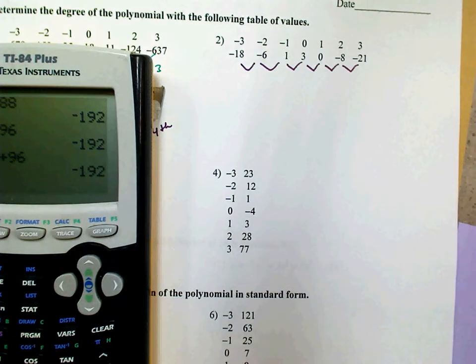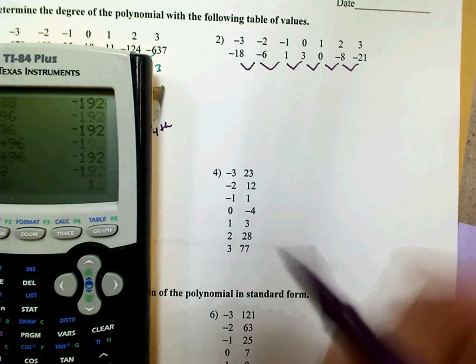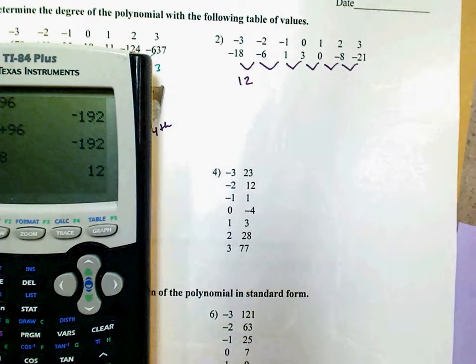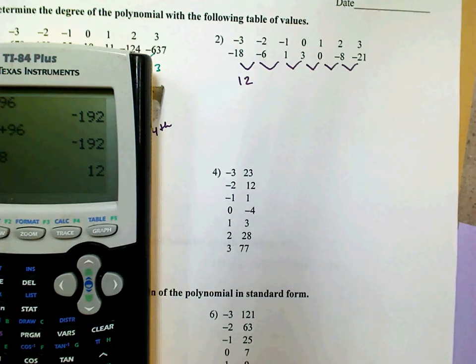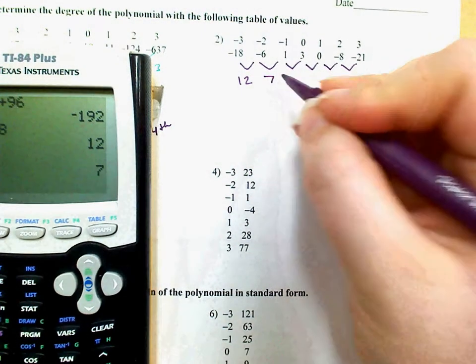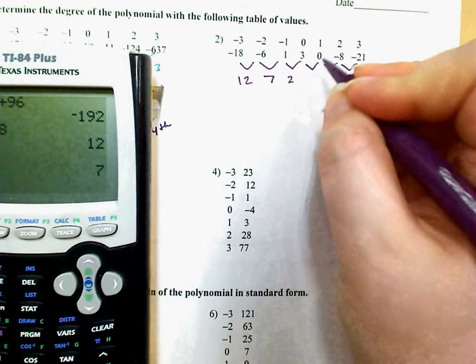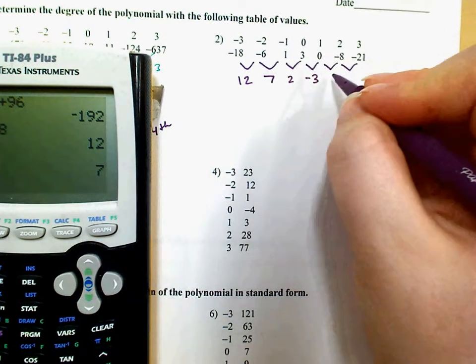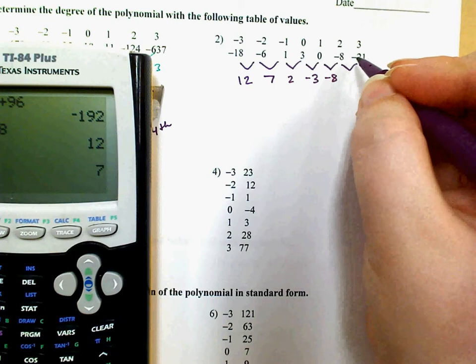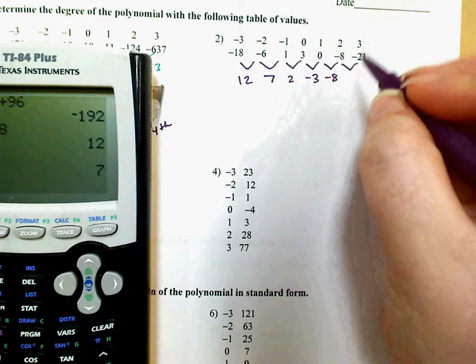So negative 6 plus 18 is 12. 1 minus a negative 6, or 1 plus 6, is 7. 3 minus 1 is 2. 0 minus 3 is negative 3. Negative 8 minus 0 is negative 8. Negative 21 plus 8 is negative 13.